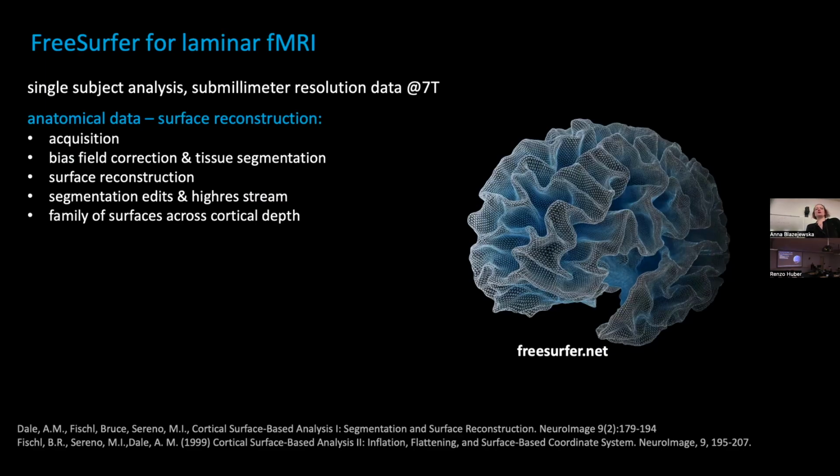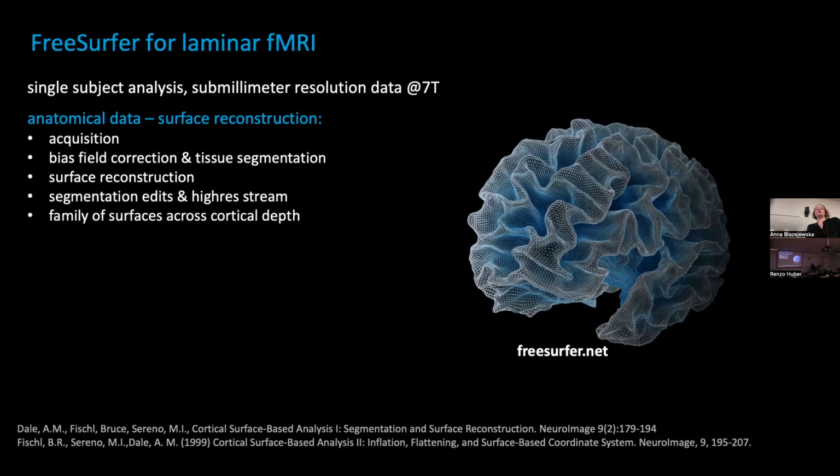I'm going to talk briefly about the acquisition that we decided to use to make this processing even easier. I'm going to talk a bit about the bias field correction and tissue segmentation, surface reconstruction, which is the main part that Freesurfer helps us with, and the tweaks that we've made for our high-resolution data, namely edits of the segmentation and also a high-res stream.